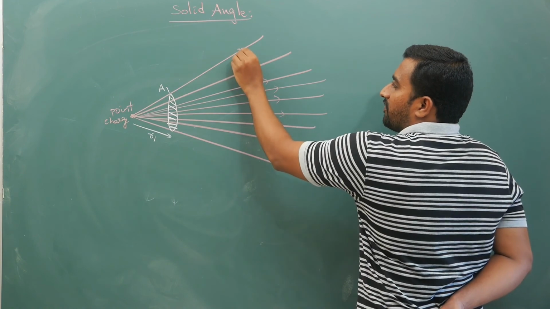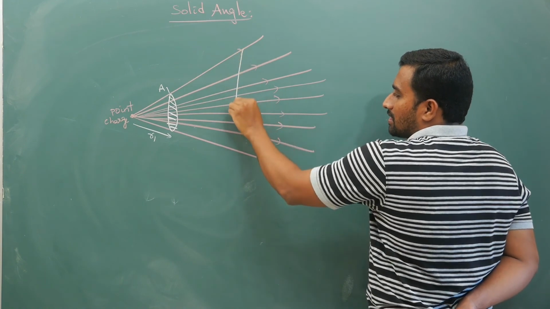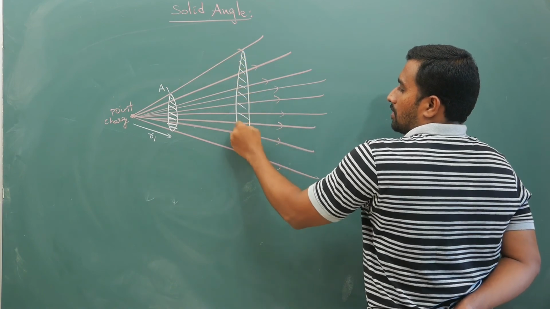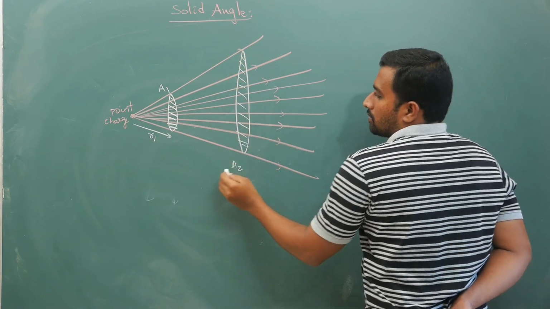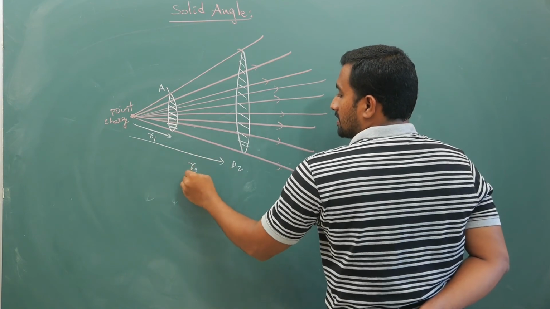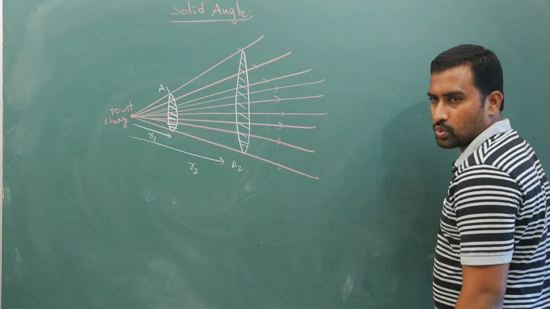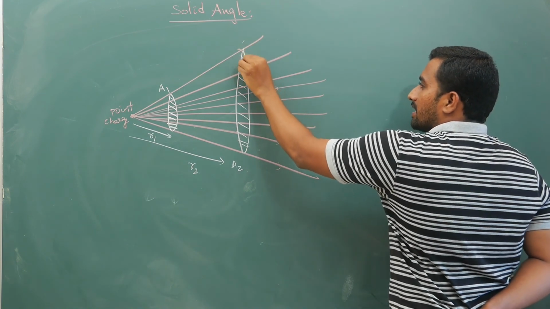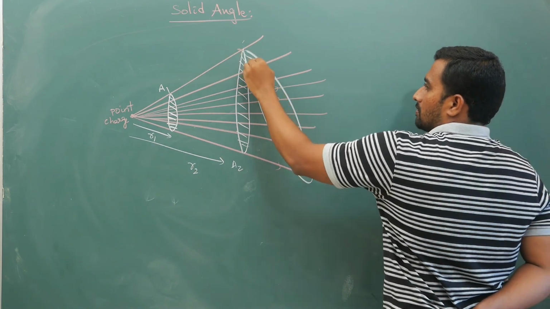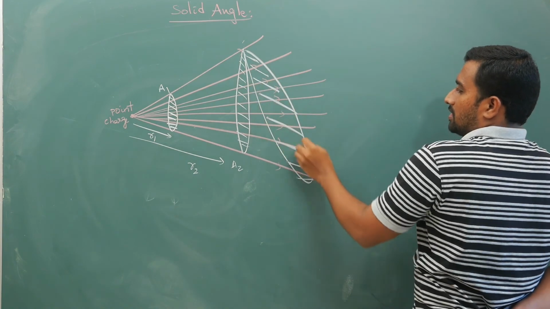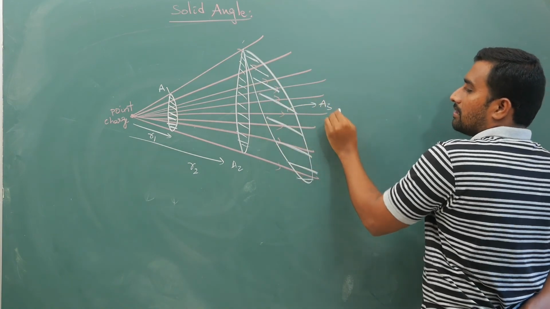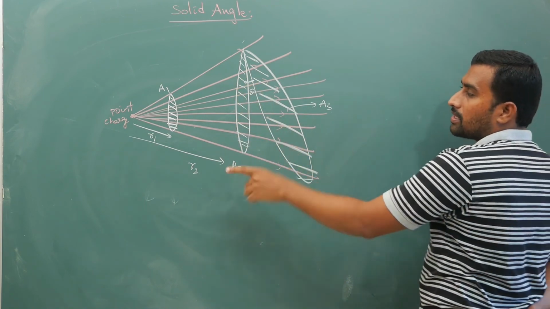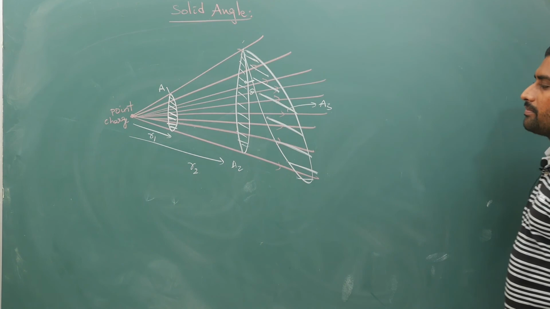Now if I take another surface here, A2, with this distance R2, and then one more surface here, which is still bigger, A3, let us say this angle is theta, such that A3 is equal to A2 cos theta.